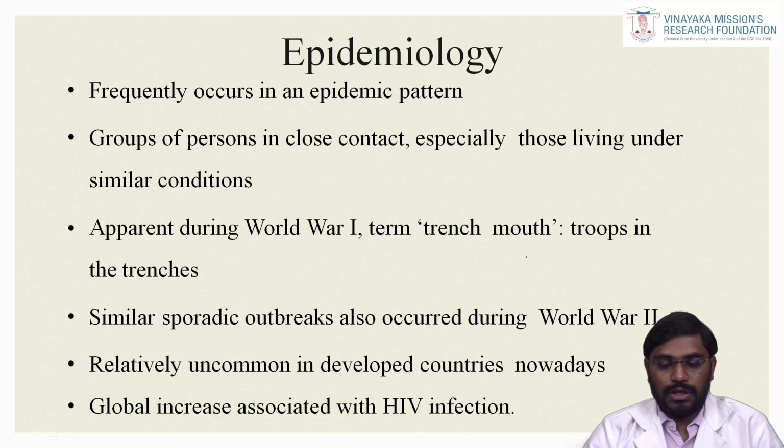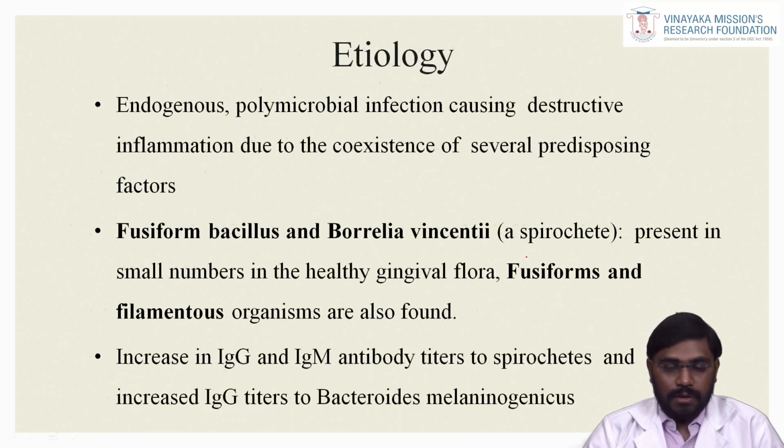Global increase is associated with HIV infections. Coming to the etiology, it is an endogenous polymicrobial infection causing destructive inflammation due to coexistence of several predisposing factors. Fusiform bacillus and Borrelia vincentii, which are present in small numbers in the healthy gingival flora, cause this, and fusiforms and filamentous organisms are also formed.